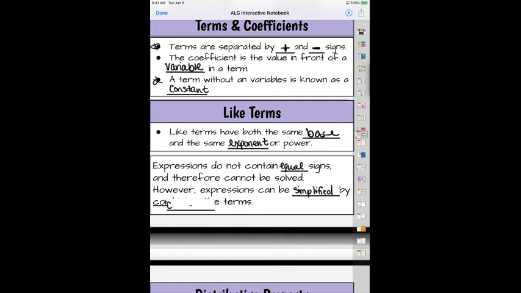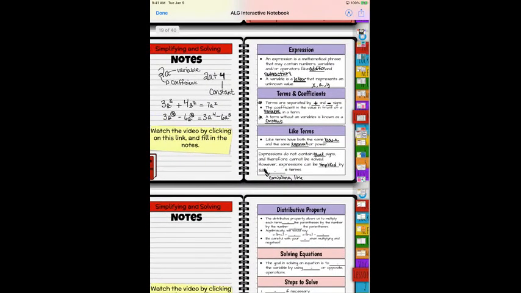And this one I'm going to write down here since it's a little messy. That's what I showed you right here. We combined the like terms. This one couldn't be simplified, so this was our simplified version.